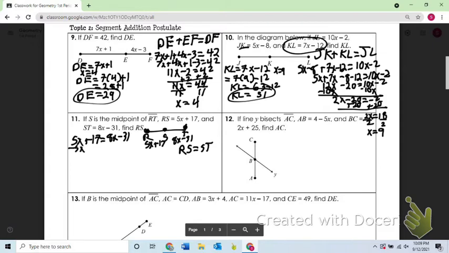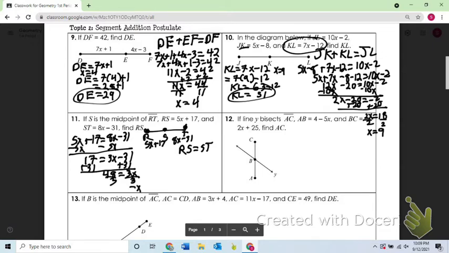And then subtract 5x from both sides. And I get 17 equals 3x minus 31. Add 31 to both sides. You get 48 equals 3x.